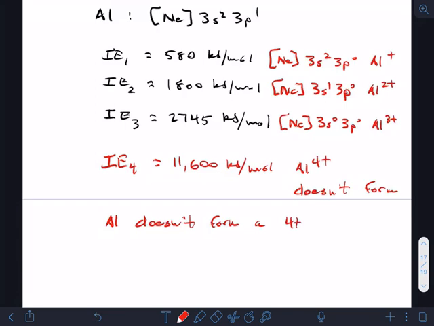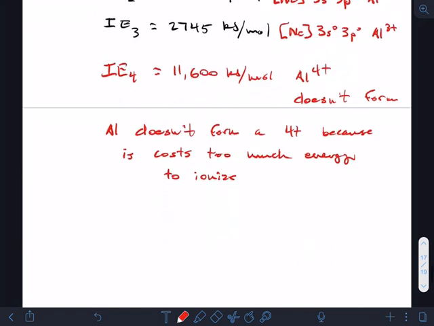Aluminum doesn't form a 4 plus ion, it just costs too much energy. Too much energy to ionize that far.